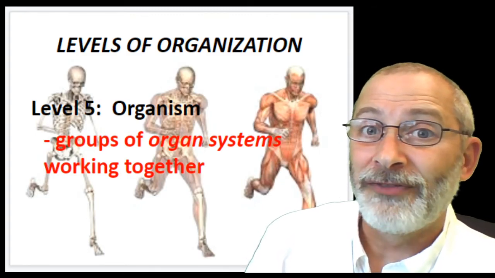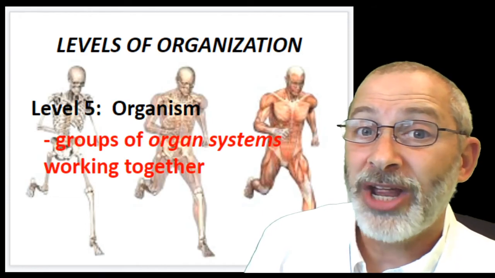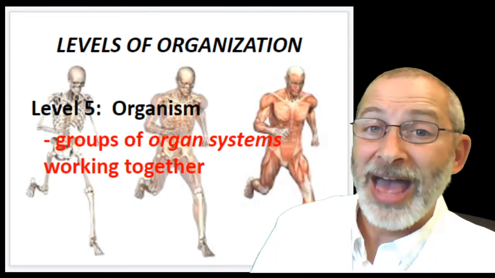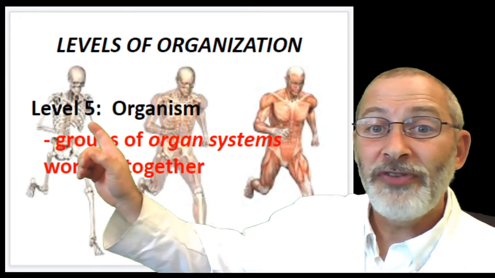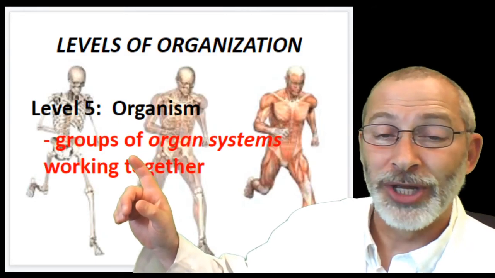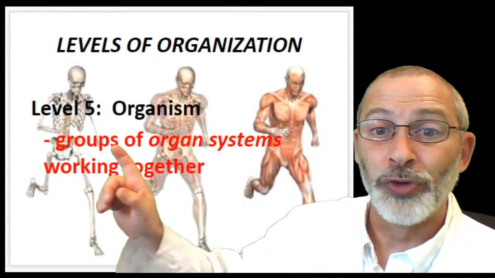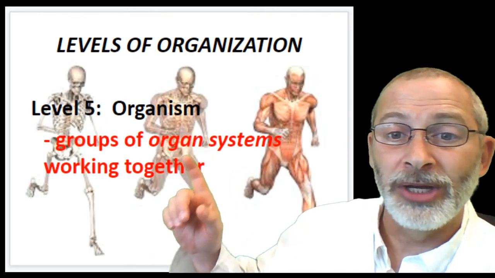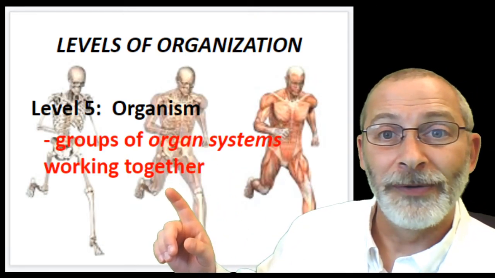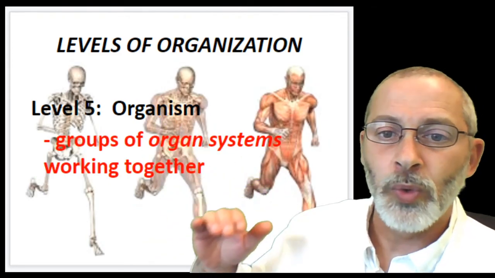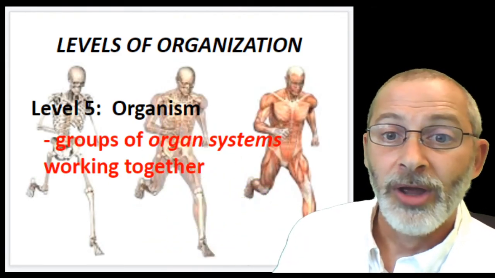Raise your hand if you have caught the pattern and share it with us. Hopefully, you've seen the pattern that as we move up the level of organization, the description is all the same. It's groups of the previous level of organization working together. So, an organism, groups of organ systems working together.